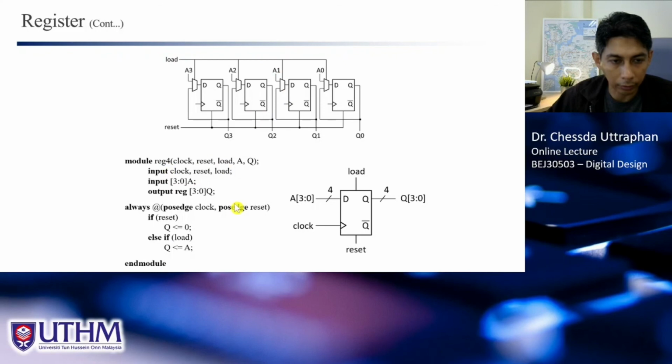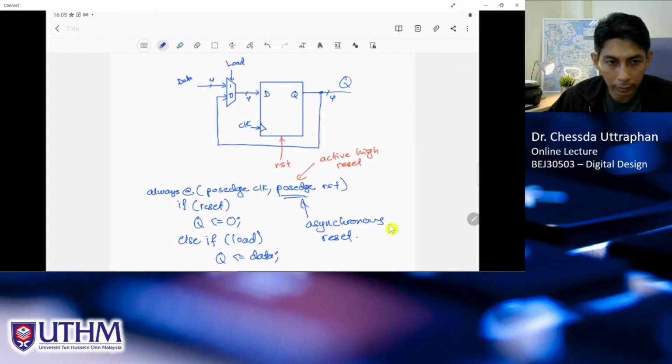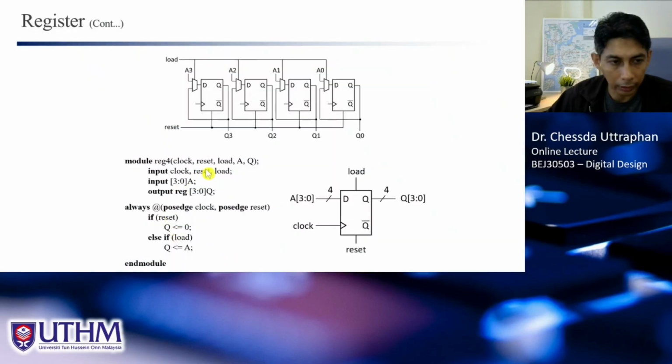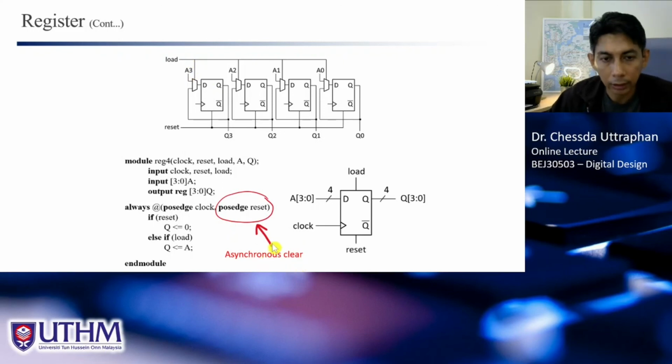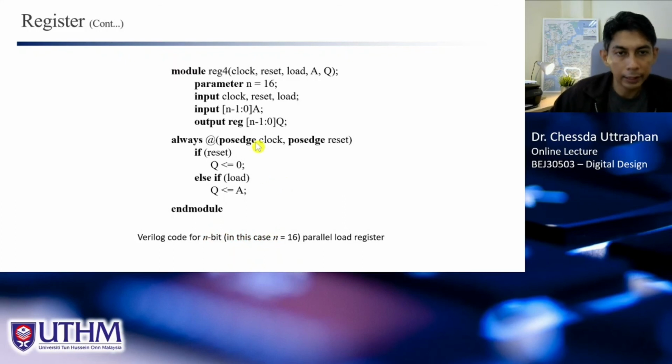This is the same as what we have here, and the code is the same. We have clock, reset, load, A, Q, posedge clock, and posedge reset. If reset, Q equal to 0. Else if load, Q equal to A, the input. And this is called asynchronous clear or asynchronous reset. This is how we create a bigger and flexible code for creating the register.